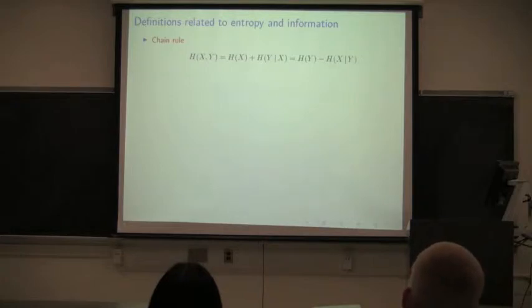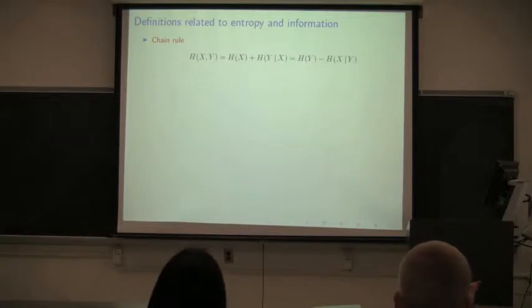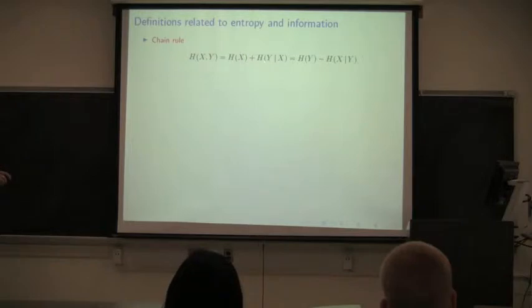Okay, so the chain rule. It's the joint entropy of x and y. Again, x and y together have a joint probability distribution, given by the entropy of x plus the conditional entropy of y given x, which is the same as the other way around, so that is symmetric.